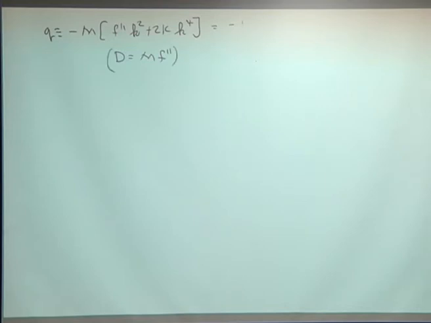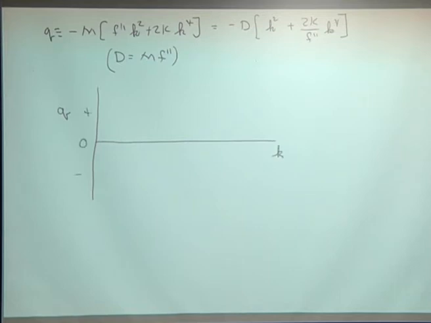So you can write this as the diffusion coefficient times k squared. Okay. So the amplification rate is a function of k.